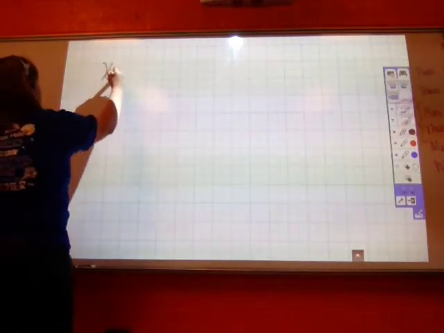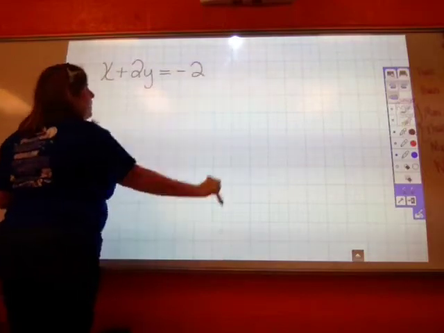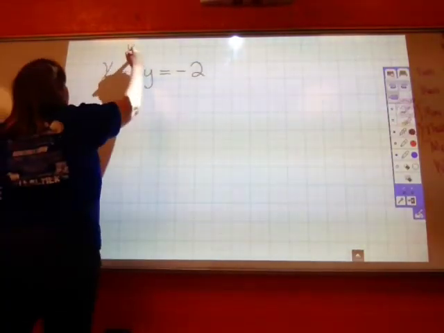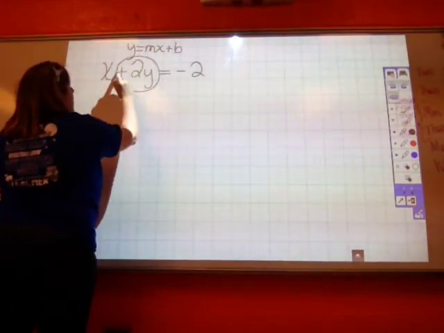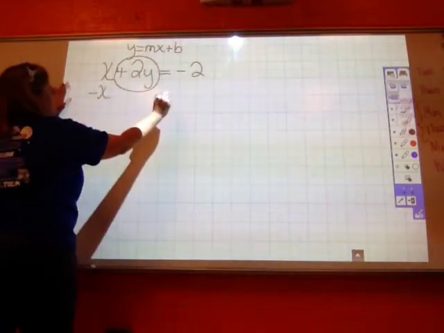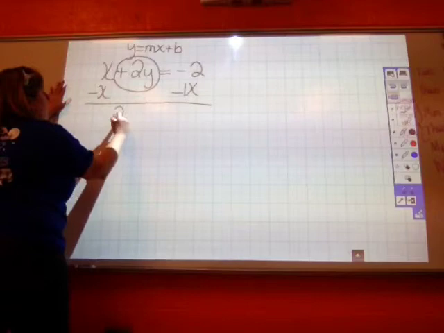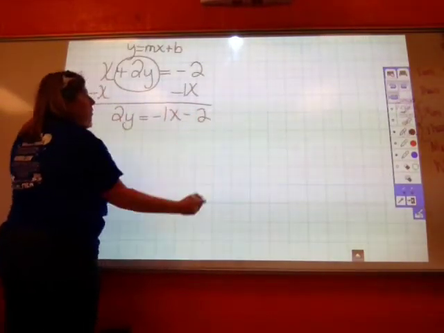Alright, so let's do something simple like x plus 2y is equal to negative 2. If this were my equation and it asked me to put it in y equals mx plus b form, here's my y, so I'm going to subtract my x. If you want, you can put a 1 in front of there. So that's going to get you 2y is equal to a negative 1x minus 2.